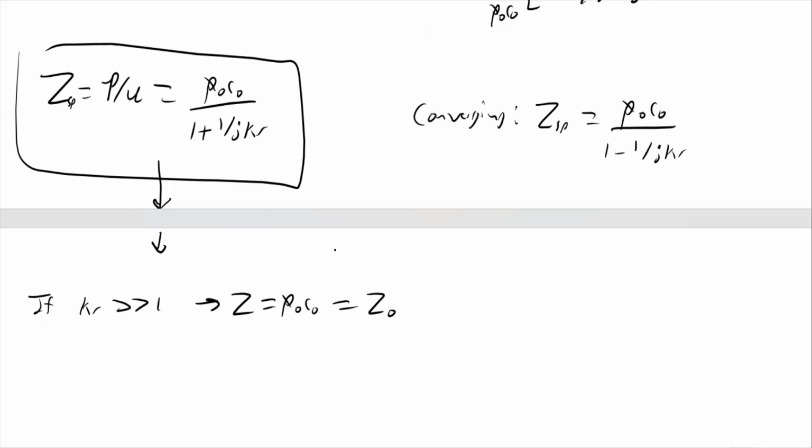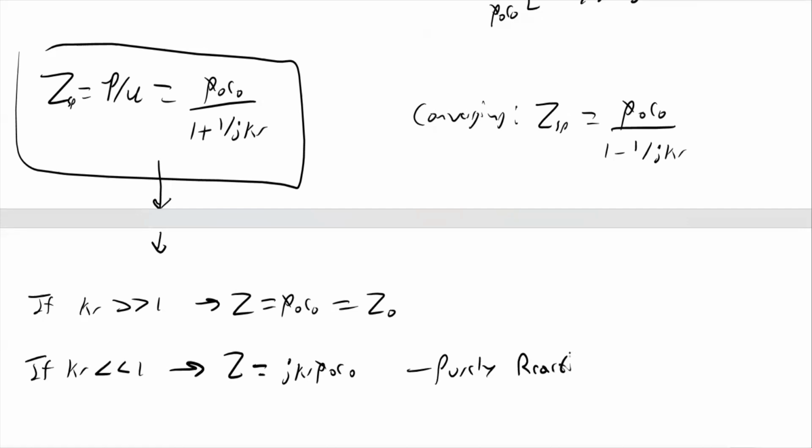So if you're far enough away, the spherical waves appear plane wave-like. But if you're really close to the source, it turns out that z is jkr rho naught c naught, which is purely imaginary. It's purely reactive.